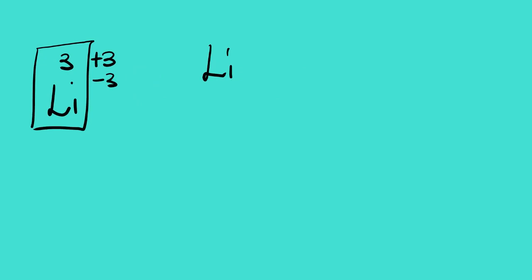Now remember, between protons and electrons, protons cannot be removed or added. Only electrons can move. Let's say lithium is running short of 1 electron, such that we have 3 protons and then 2 electrons.